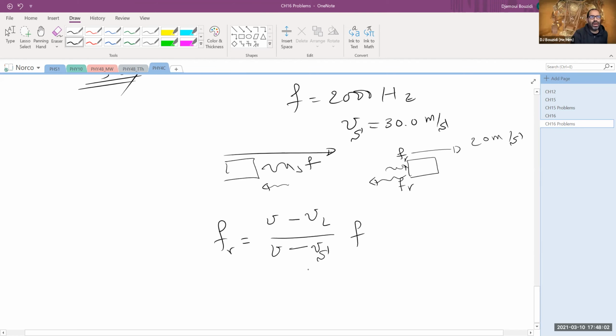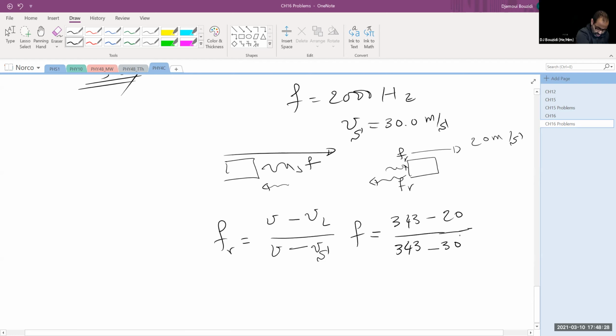So this frequency now, as perceived by the truck, there is a net gain in this case, so the frequency should go up, okay? So if I do the calculation, this should be equal to 343 minus the velocity of the truck, which is 20, divided by the velocity of sound, which is 343, minus the velocity of the source, which is 30.